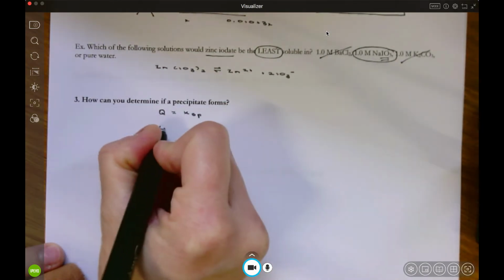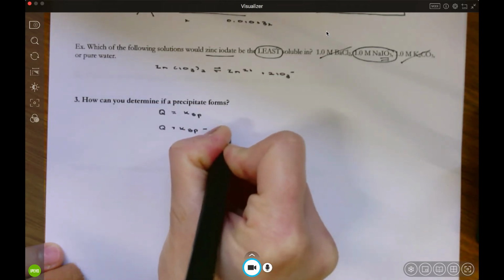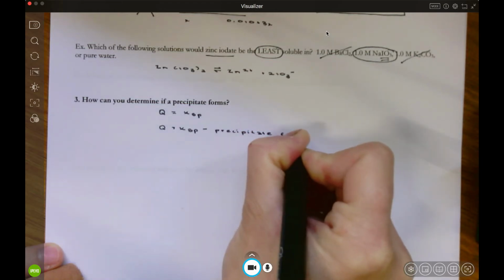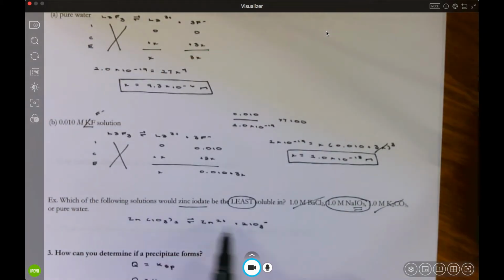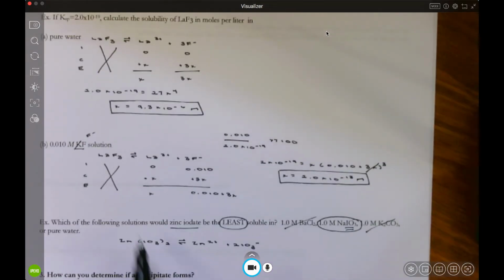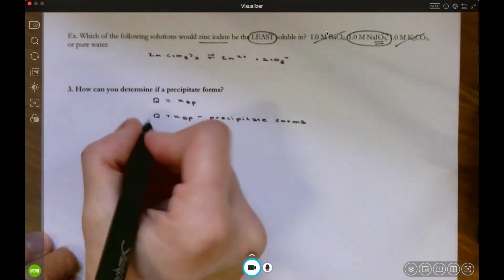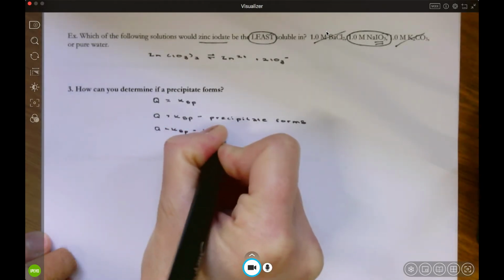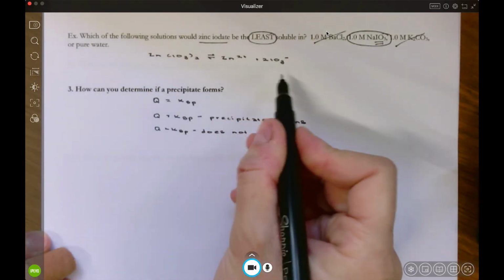So if my Q is greater than my KSP, that causes a precipitate to form, because it's going to cause my reaction to proceed to the reactants, and the reactants are both solids. So if your Q is greater than your KSP, that's going to cause a precipitate to form. If your Q is less than your KSP, it does not form, because it would shift to the products, and the products are simply just going to be your ions.